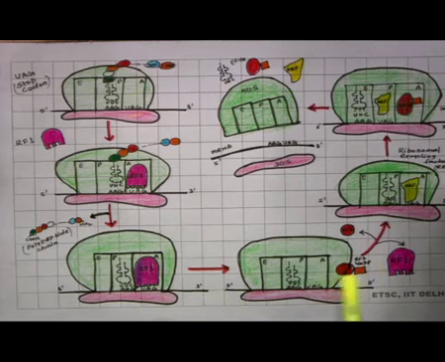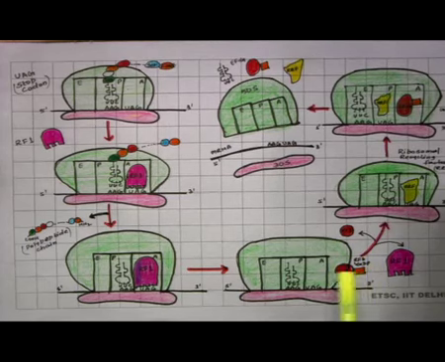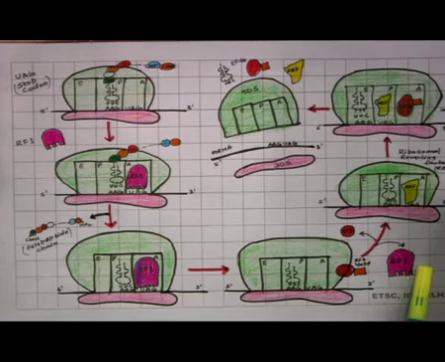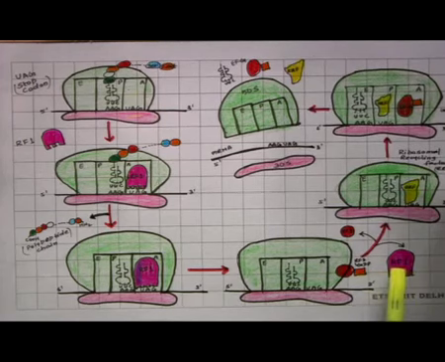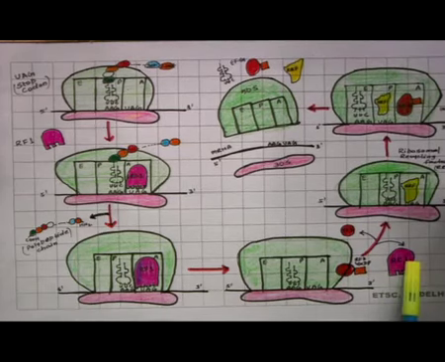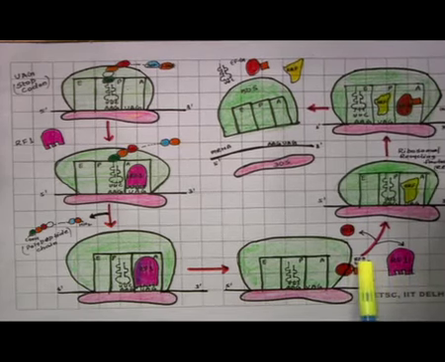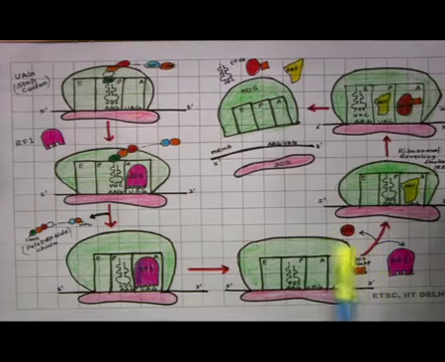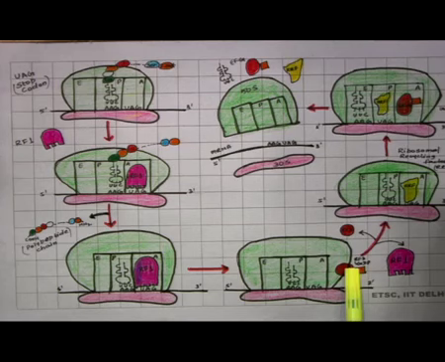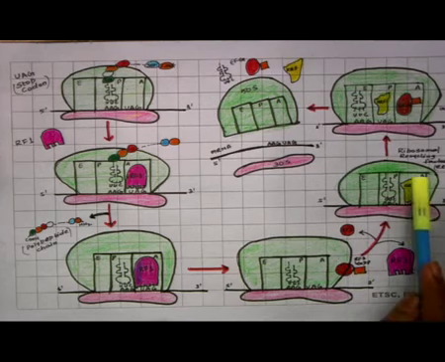When the release factor 3 GDP molecule combines with the ribosome, release factor 1 will be released from the ribosome. With the release of release factor 1, release factor 3 will also get released, and this GTP will help the binding of the ribosomal recycling factor at the A site.